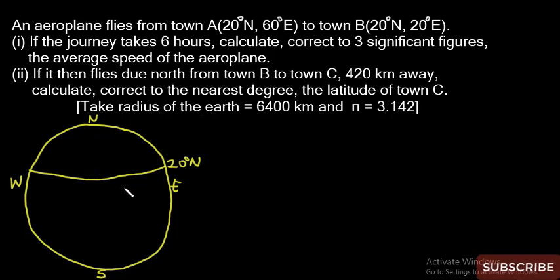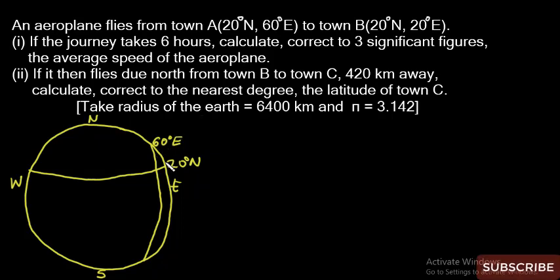It goes up until 90 at this face, then another 90 just behind this ball. Remember, this is a globe representing the world. So this is going to be around here. We're talking about 60 degrees east.